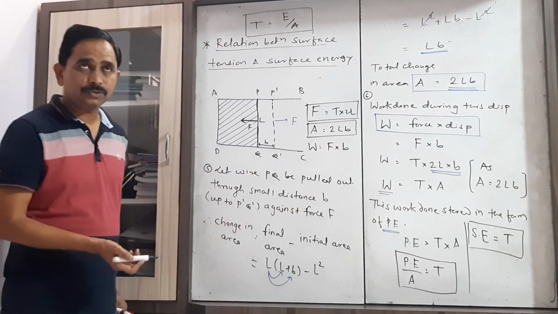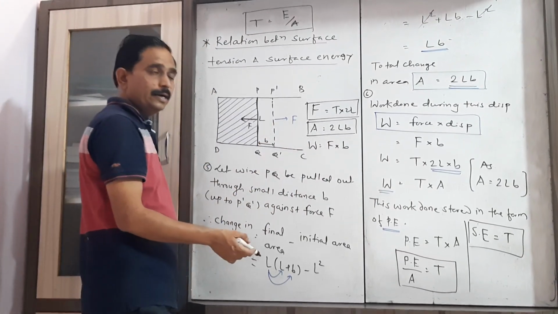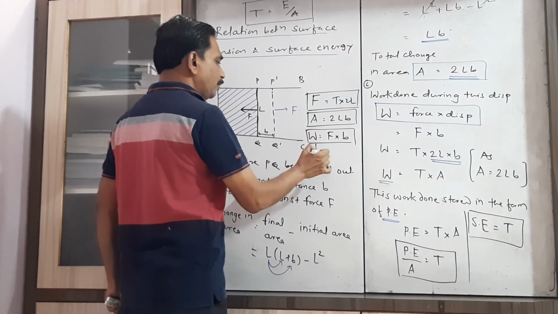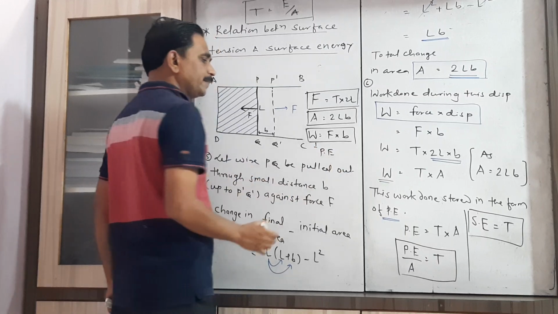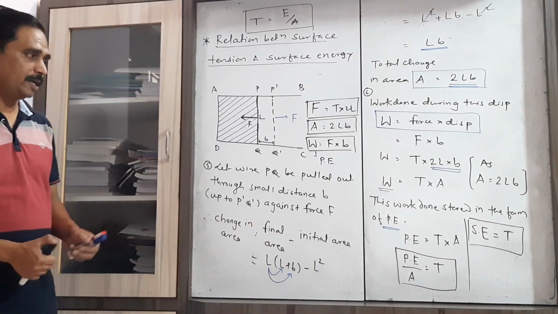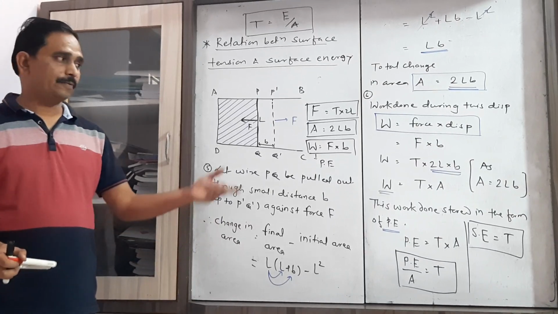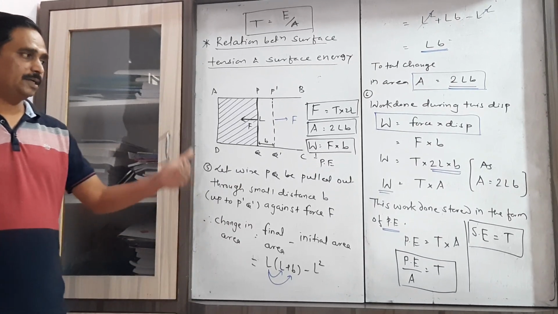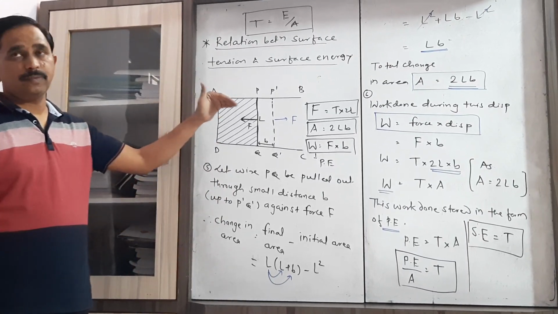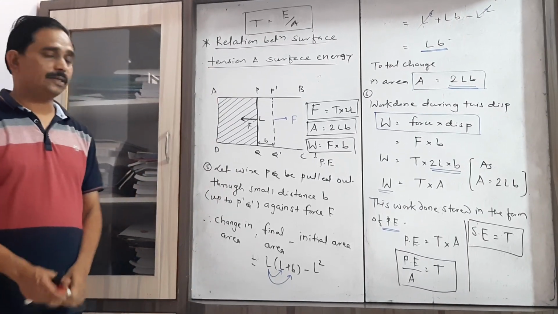Put the value of force, write down the value of area, and lastly this work done is stored in the form of potential energy, and that is our final answer. Potential energy per unit area is called the surface energy. So surface energy is equal to surface tension. This is the relation between surface tension and surface energy.